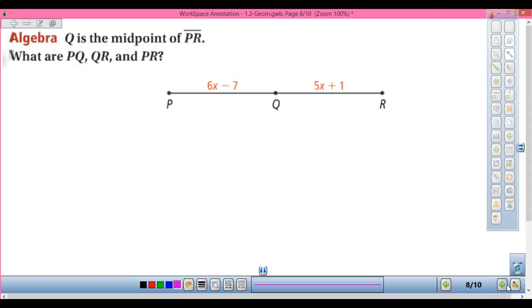So what am I going to do with that 6x minus 7 and that 5x plus 1? Yes, we're going to set them equal to each other. We know that PQ is congruent to QR. So we know that 6x minus 7 equals 5x plus 1.